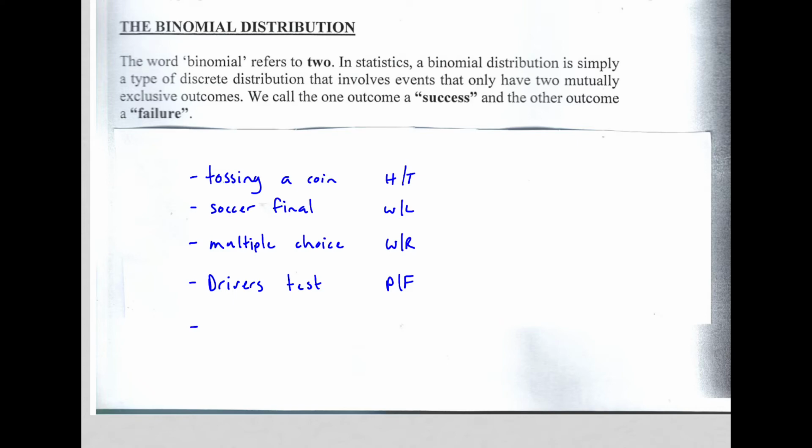Rolling a dice and looking at the numbers is not binomial because there are 6 different options, but we can look at rolling a dice if we're looking at either getting evens or odds. If we're looking at the probability of evens, then if we threw an even on the dice, that would be a success, but if we threw an odd, that would be a failure.